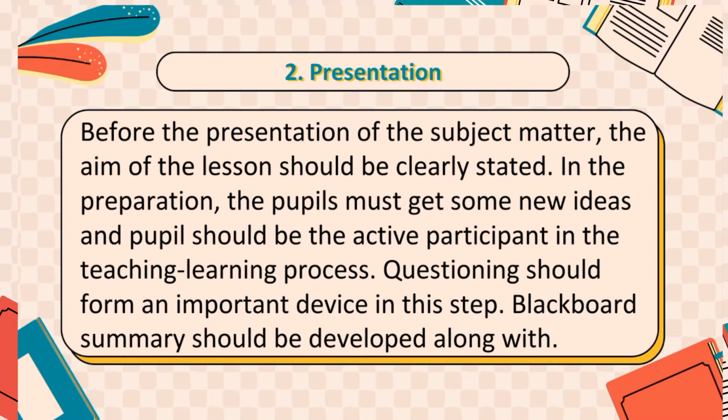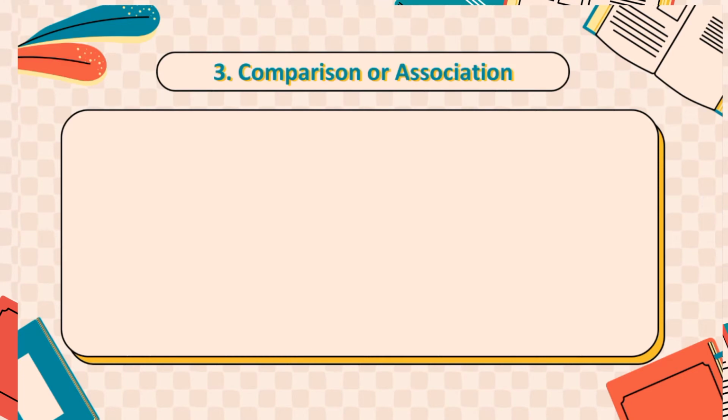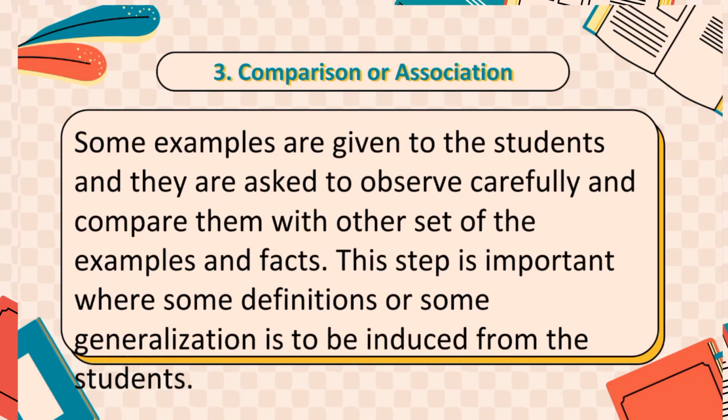Okay, so after the presentation, the third step now is the comparison or association. For this step, we as the teacher should provide some examples wherein the learners are now to observe and compare the things that they are able to see in those examples.